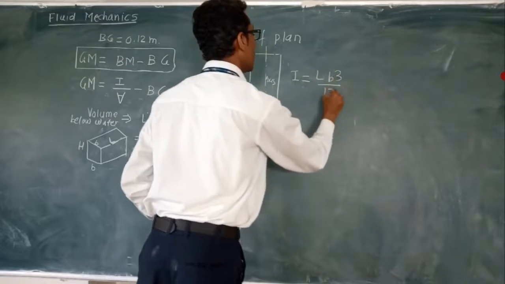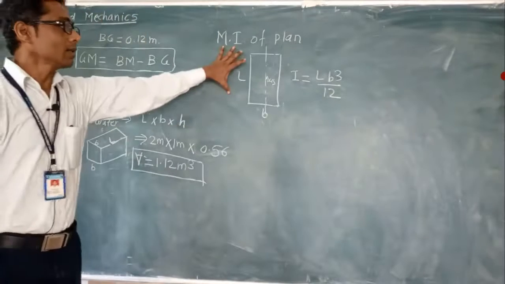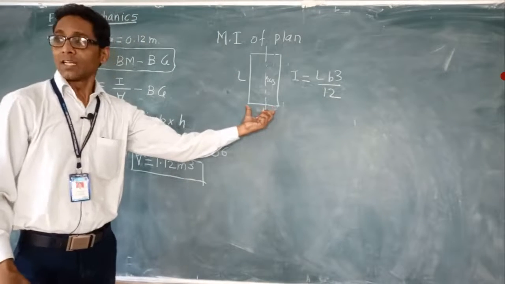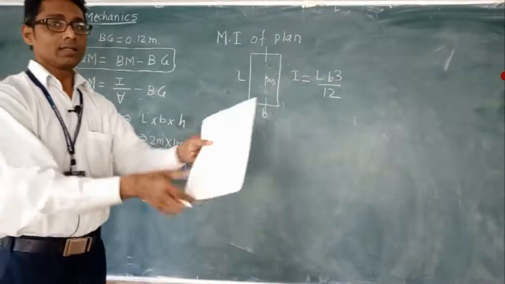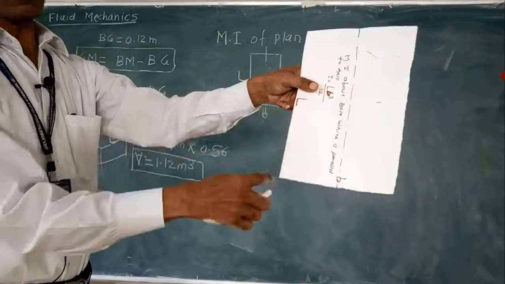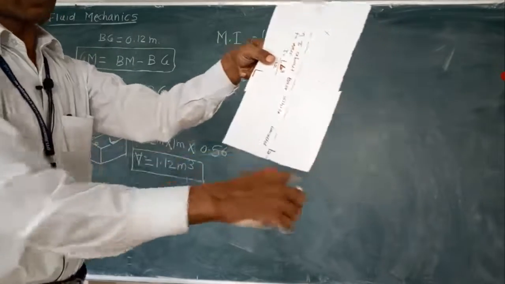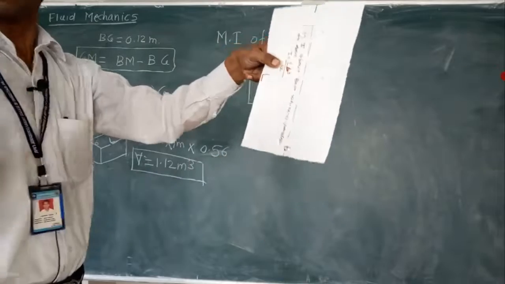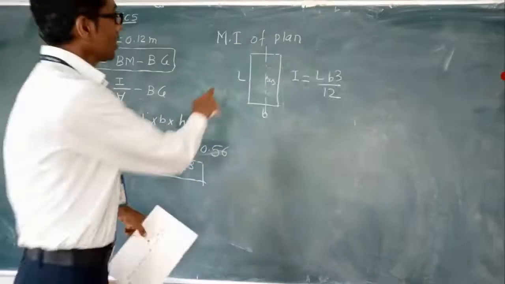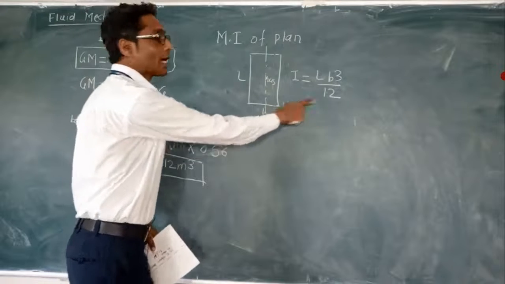In the plan here, L will be the side and this will be B cube. That is very important: L into B cube by 12.